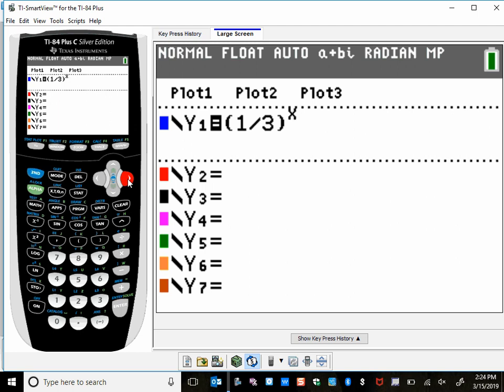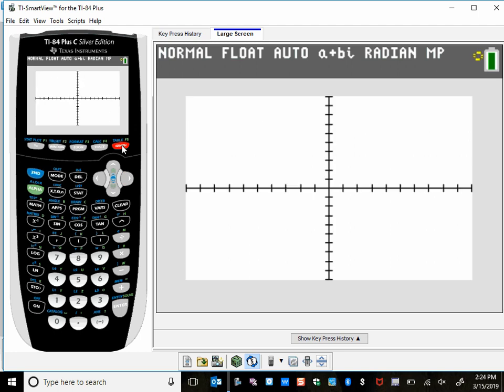Okay. Let's graph it to see what it may look like. Make sure that yours looks like mine. Is that what yours looks like? Okay. Let's go to our table.